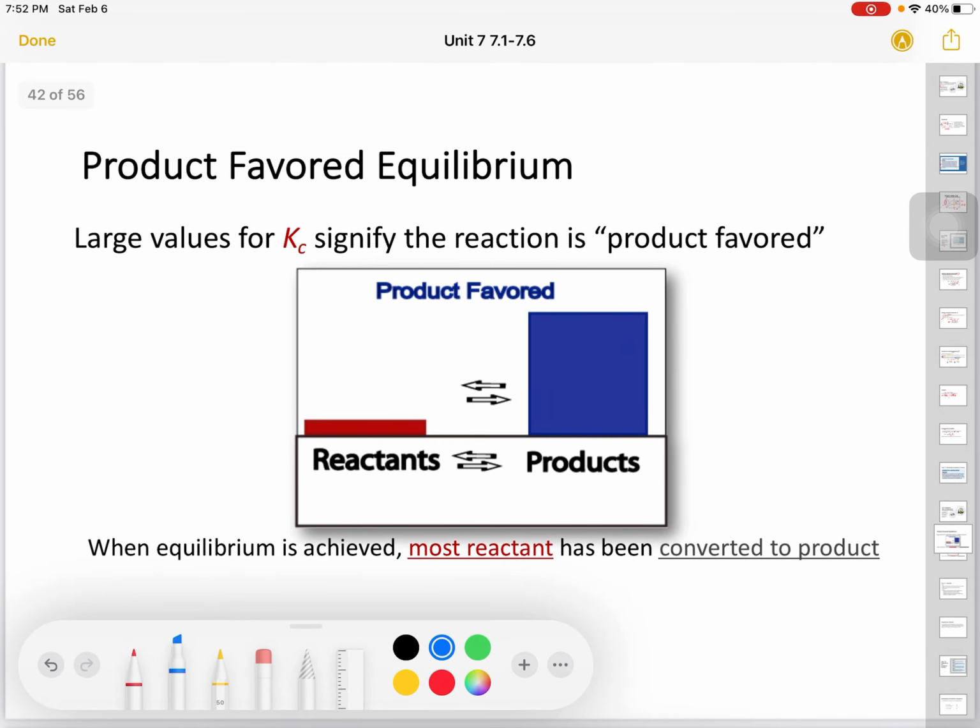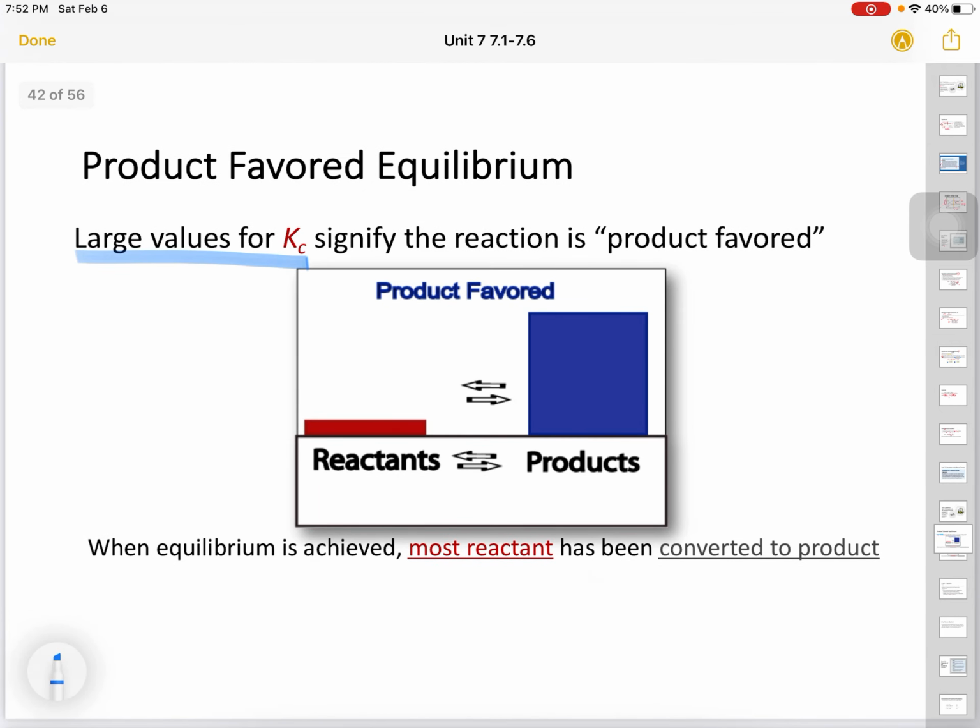So if you're comparing various numbers and you are looking at a system that has a large value for K, that tells you that at equilibrium, the reaction is product favored, okay? It means that once I establish equilibrium, I would tend to have more products than reactants.